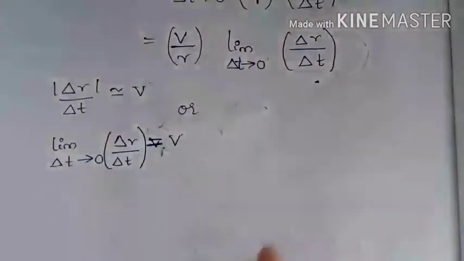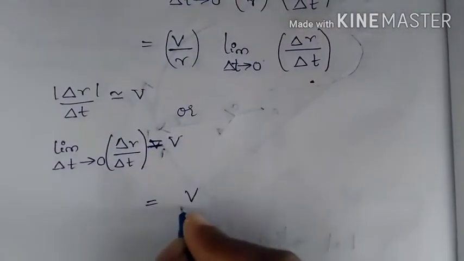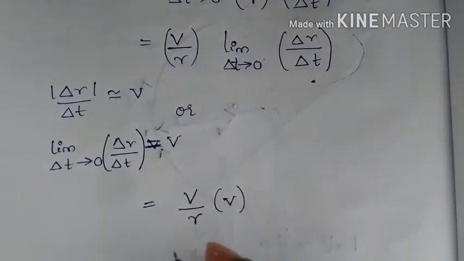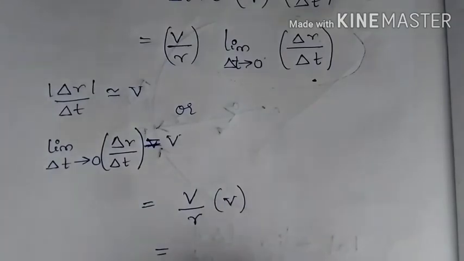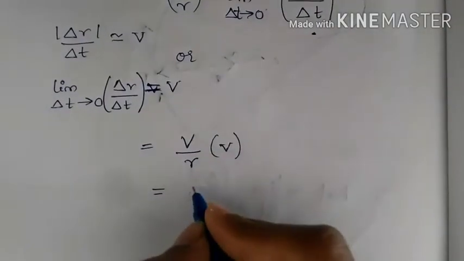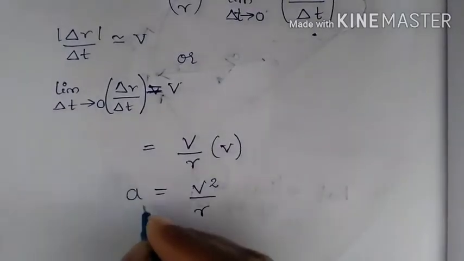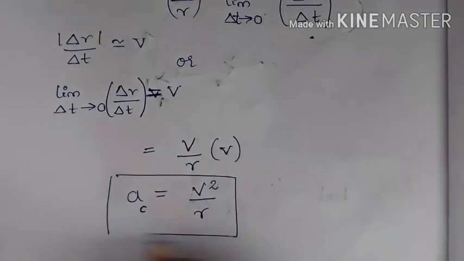So this equation then becomes what? V by R multiplied by V. So you can write this as V square by R. So this is the centripetal acceleration.